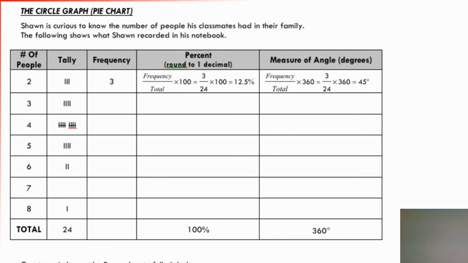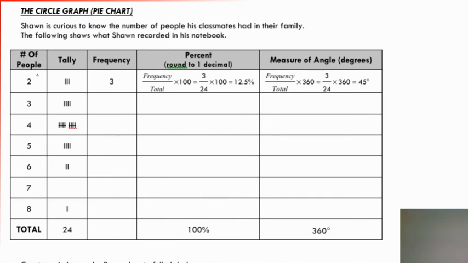So here we have a situation. Doing this pie chart, we're going to have some information. Sean is curious to know the number of people his classmates had in their family. The following shows what Sean recorded in his notebook. For example, one person responded the number of people was 2.